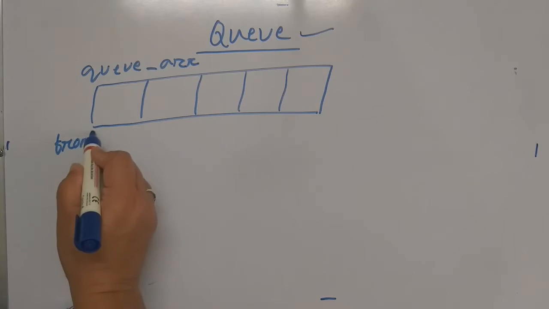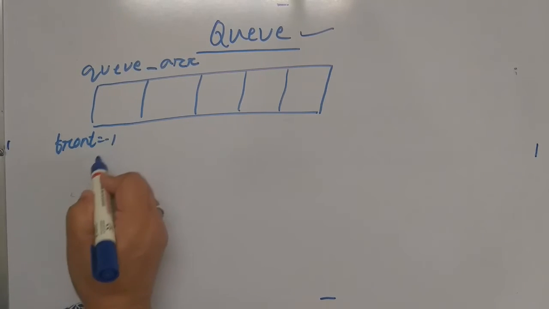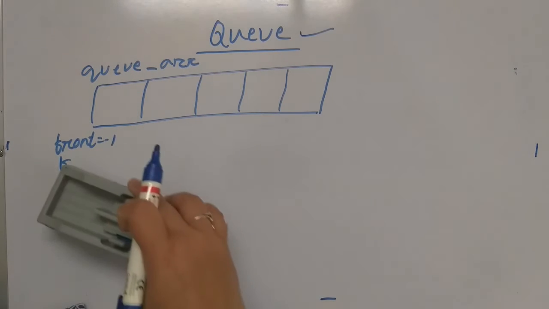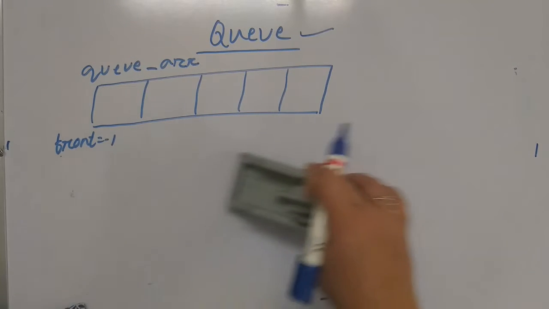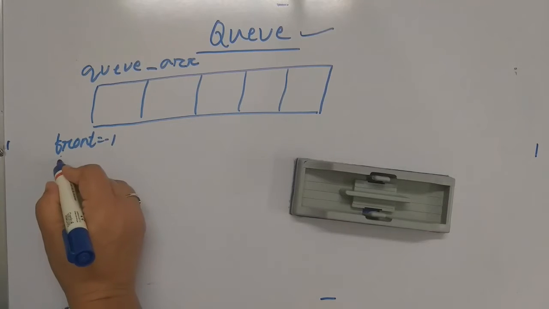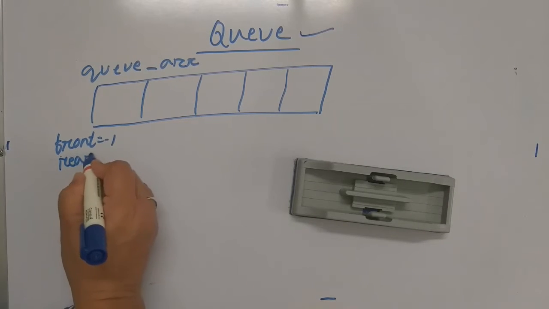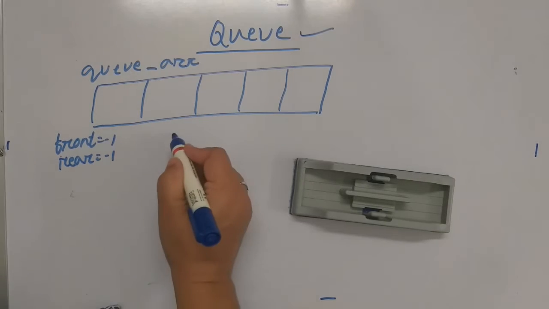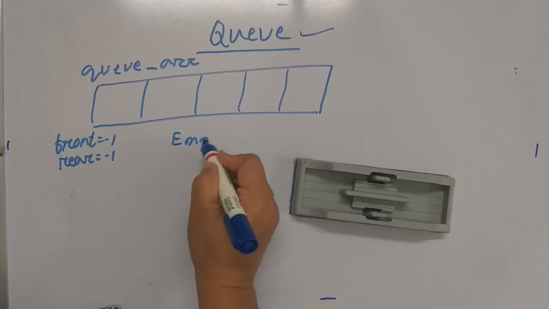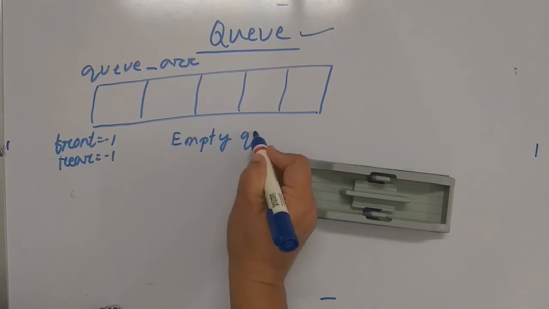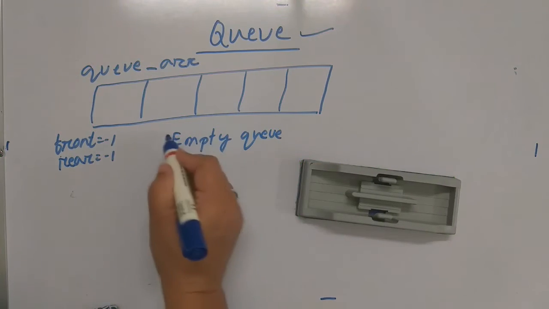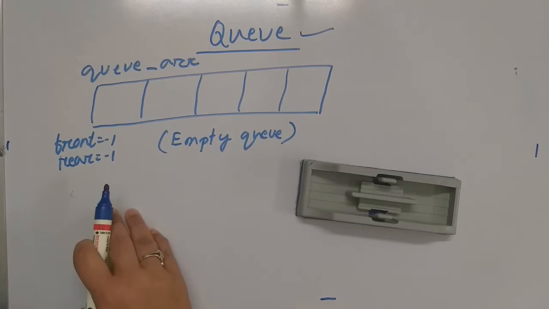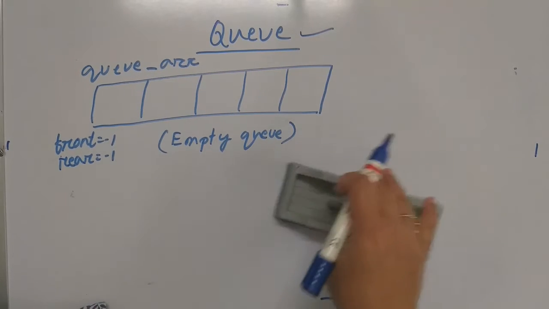Before entering any values, front is equal to -1 and rear is equal to -1. That means this is the empty queue. Whenever front equals -1 and rear equals -1, it is an empty queue.